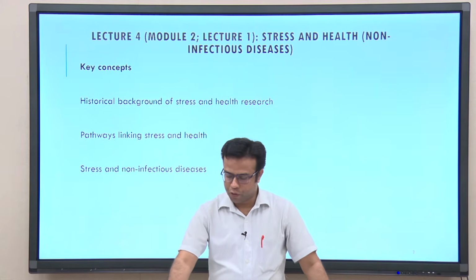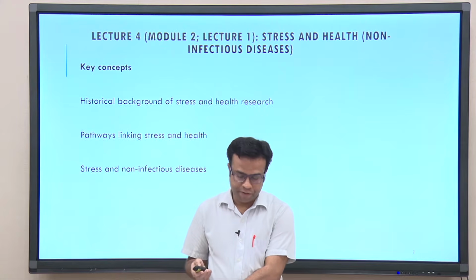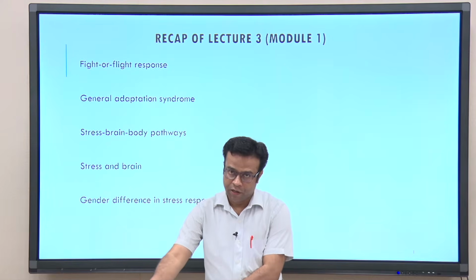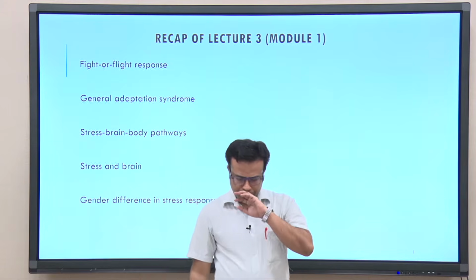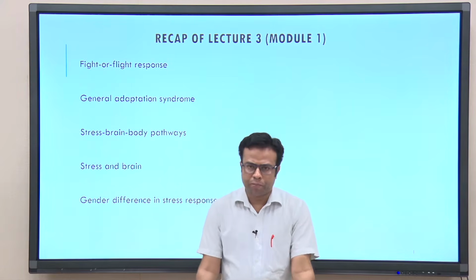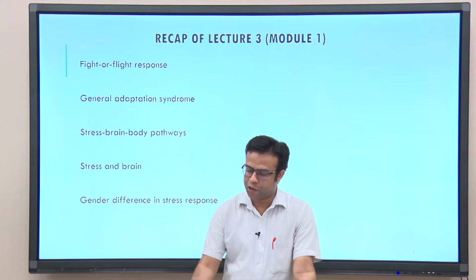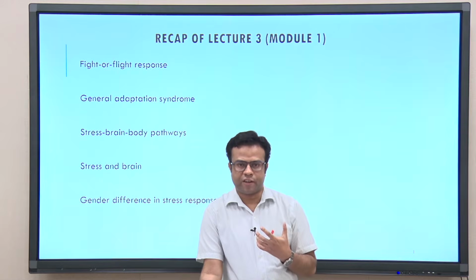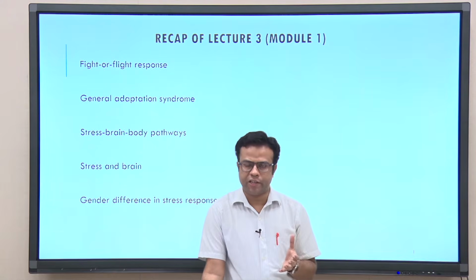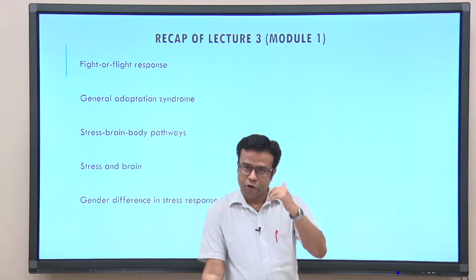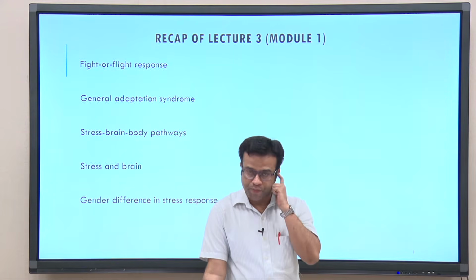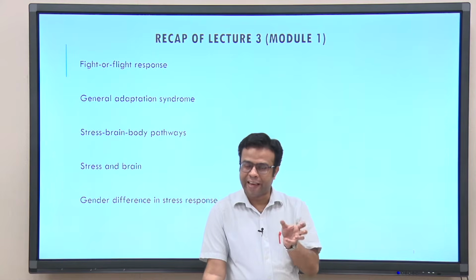Before we talk about today's lecture, let us have a brief recap of the last lecture, that is lecture 3 of module 1. In the last lecture we talked about the physiological aspects of stress. Basically, we tried to understand how the experience of stress causes various physiological changes in the body. In that context we discussed the fight or flight response, which is also called the acute stress response.